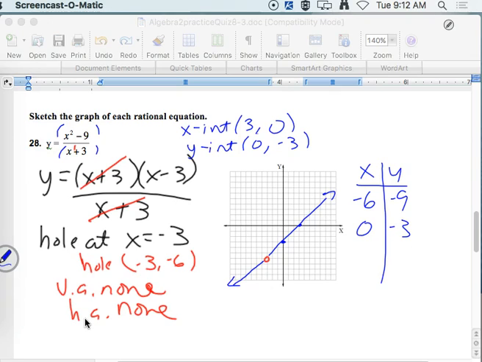Oops, wrong way. 4, 1. So you have 3 points showing. This would be a line with a hole in it. That's what's going to happen with this one. Kind of weird. We've had a hole in the homework, but we didn't really have a good example with a hole. All right, 29.